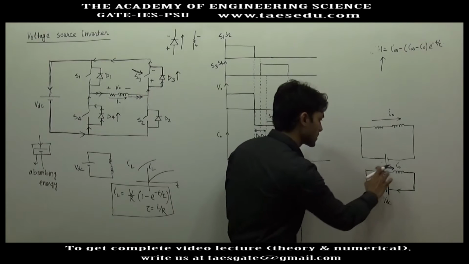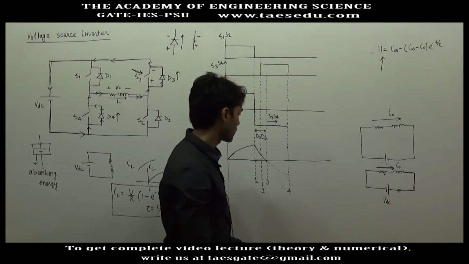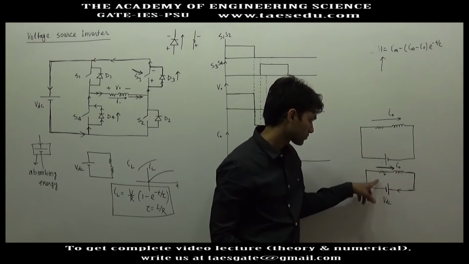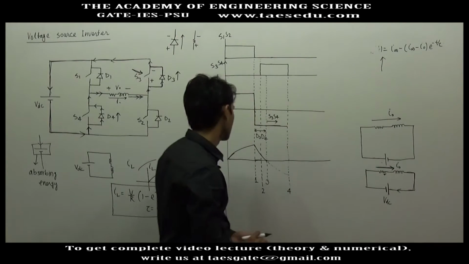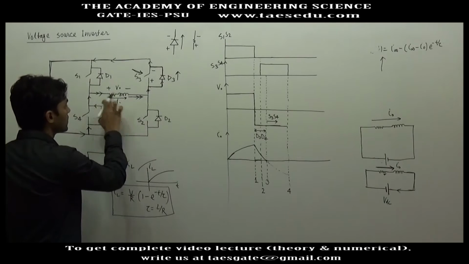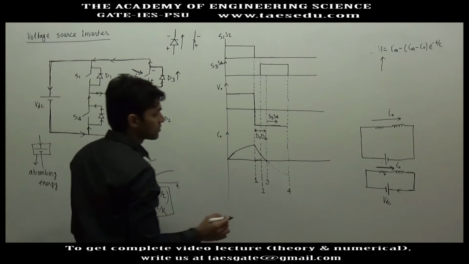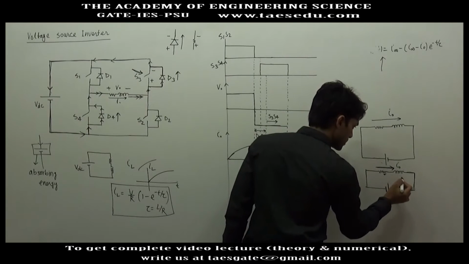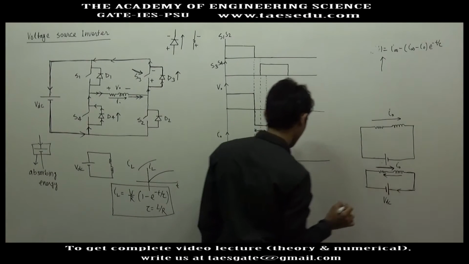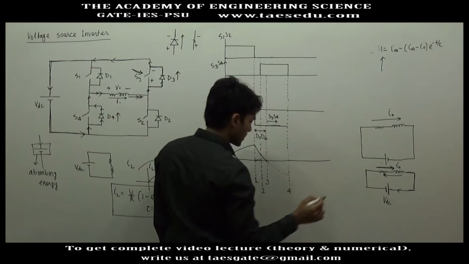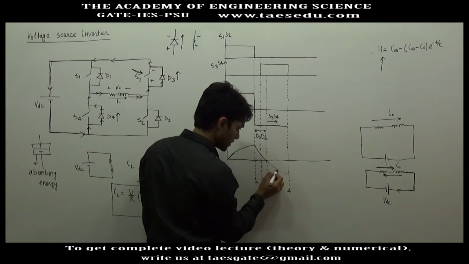At instant 3, the clockwise current decayed to 0, and after this anti-clockwise current started rising. Clockwise current is here, this direction of current is taken positive. So anti-clockwise means right to left direction of current will be negative. So the negative value of current is rising.